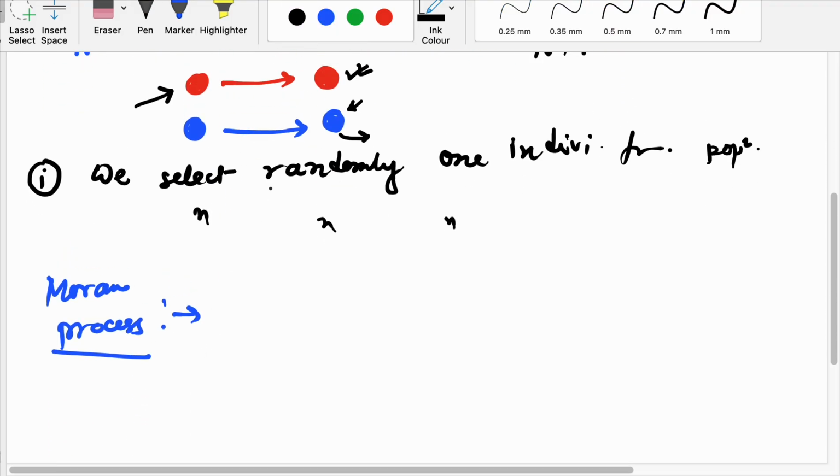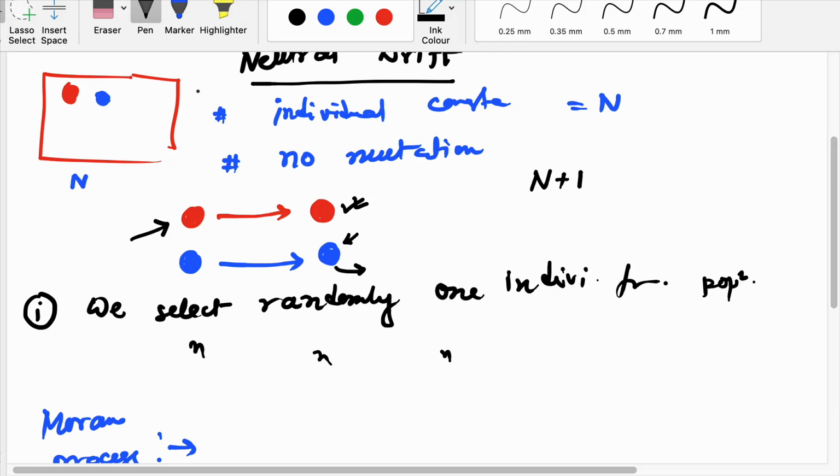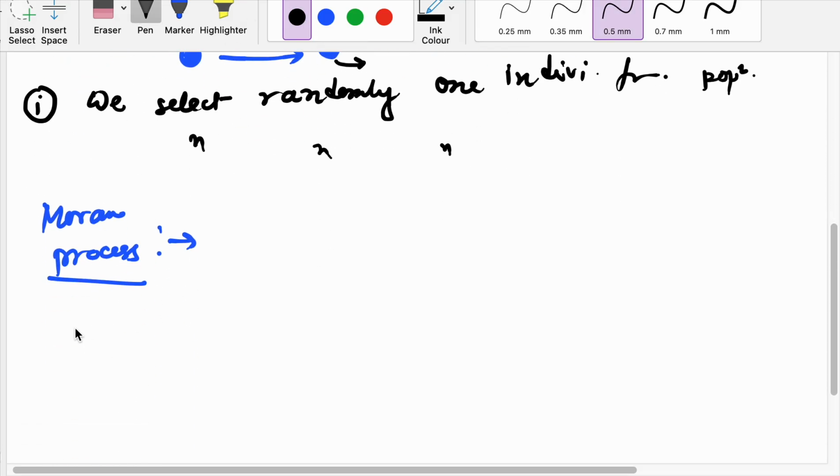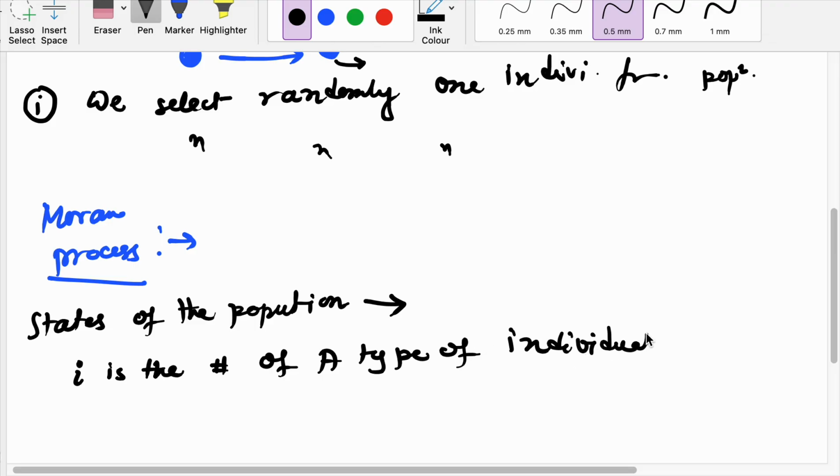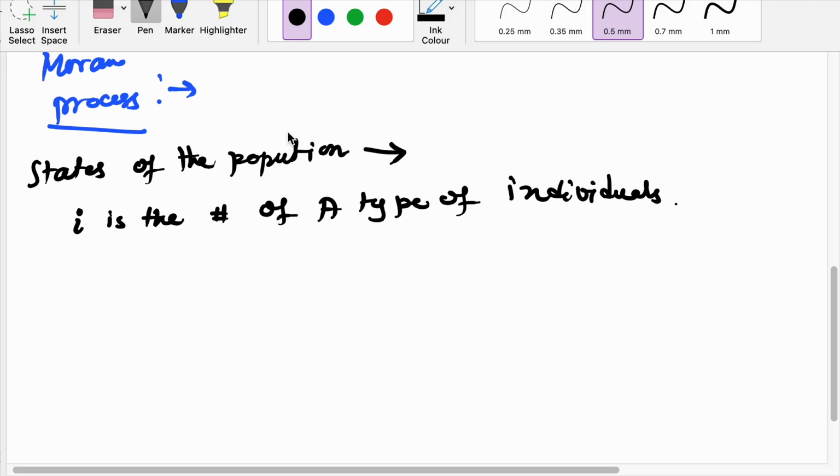So now in this population, in the Moran process, what will be the states of the population? The state of the population could be, suppose i is the number of A type individuals.